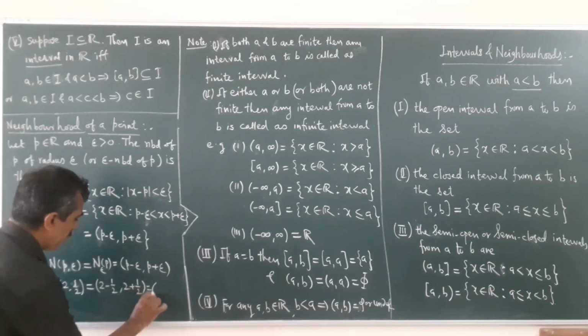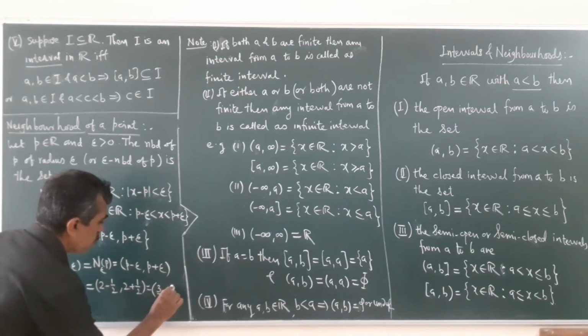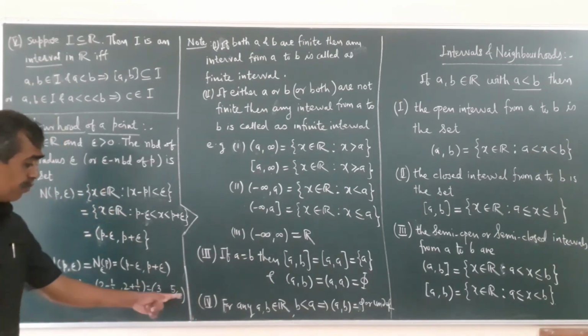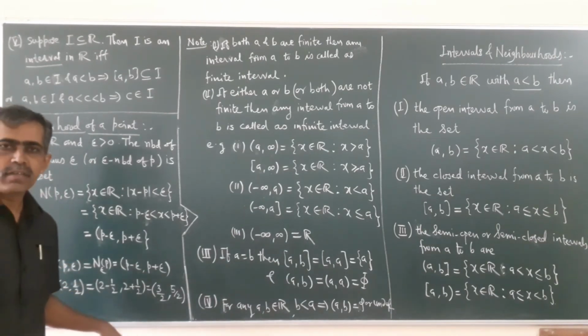So it is nothing but the open interval (3 by 2, 5 by 2). So this is the neighborhood of 2 of radius half. Okay, so this is how we can find the neighborhood of a point in R.